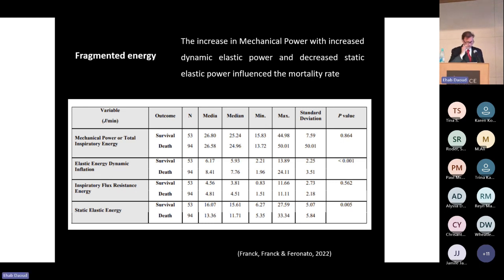In our study, it was noticed that the proportion of fragments that compose the mechanical power had an influence on mortality, and that increased dynamic power and decreased static power influenced the mortality rate of patients with COVID.